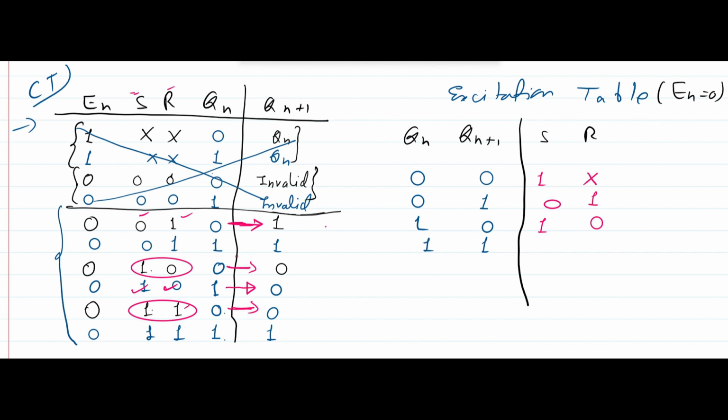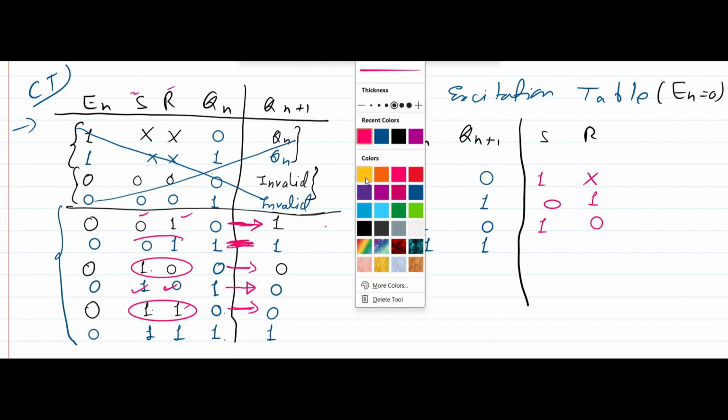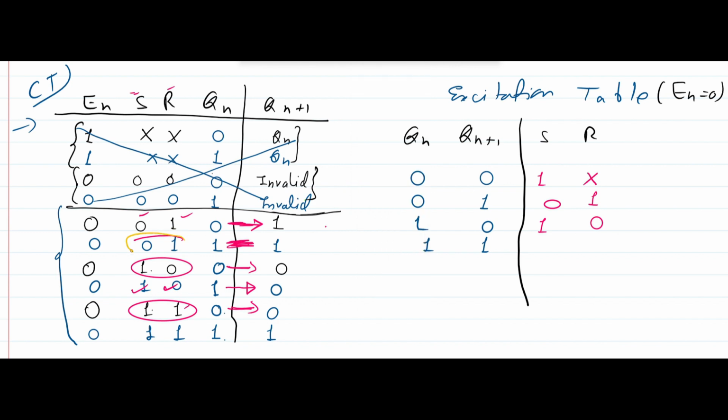And for 1 1 I am having 1 here, and 1 1 here. So if you see here, S is 0 and 1, and R is 0 in both the cases. That means R should be 0, S can be anything.